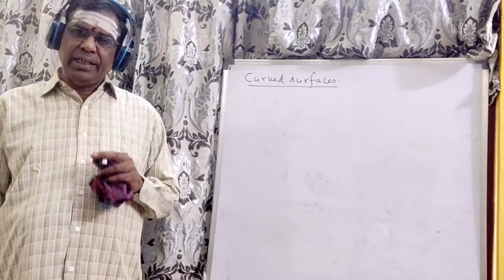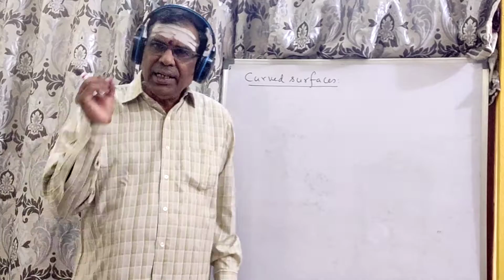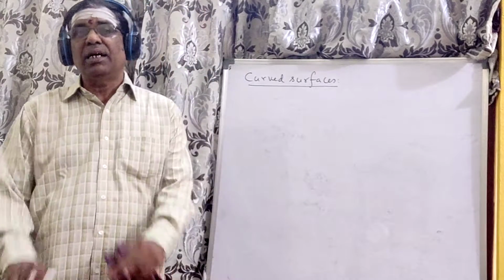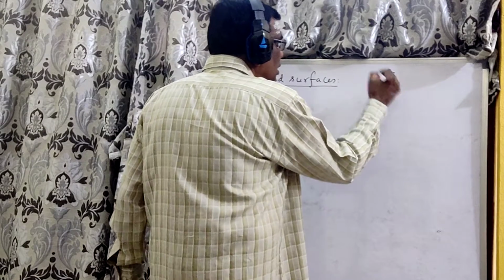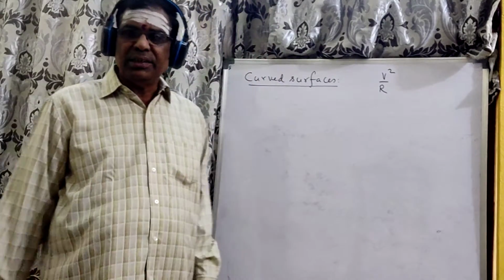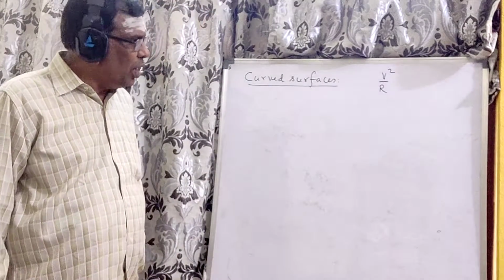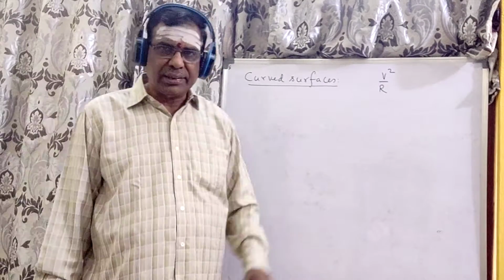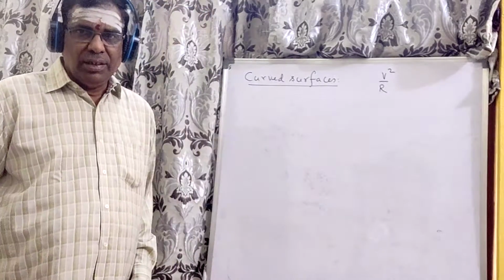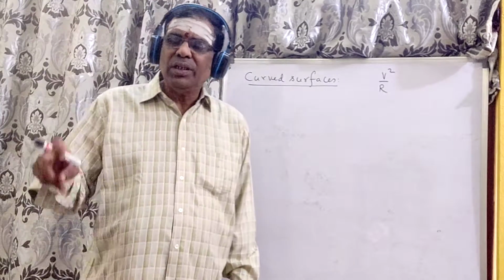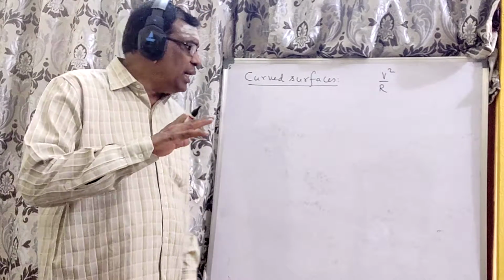It always says that there is a centripetal acceleration directed towards the center compulsory, whose value is, at that instant, v square by r.